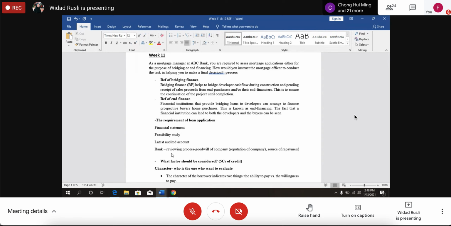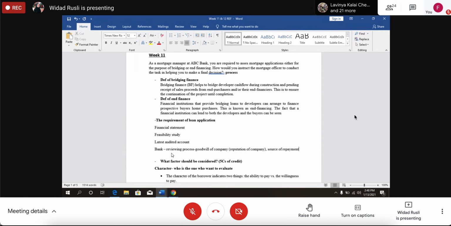So just now we have reviewed the management of the firm and the strengths of the firm, the history of the firm, etc. And then number two, we come up with the sources of repayments. And then what is number three?